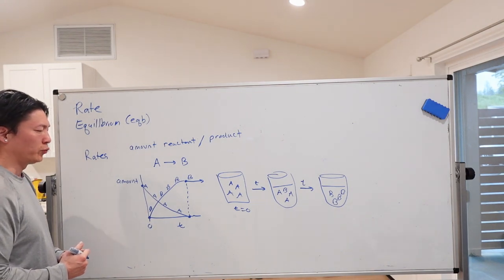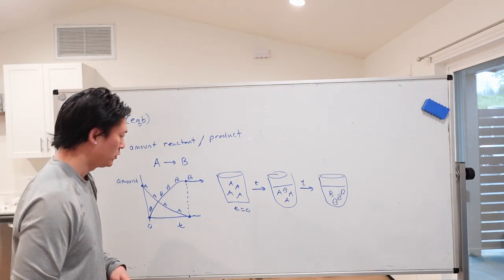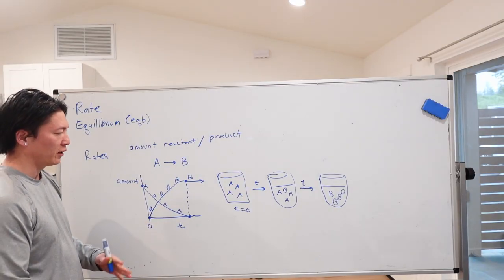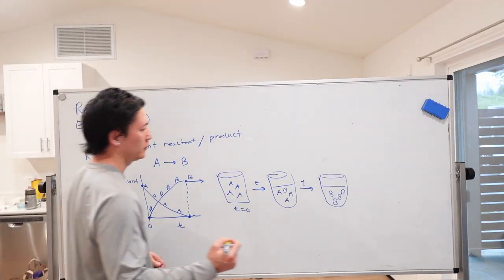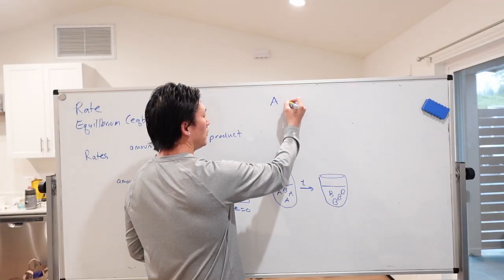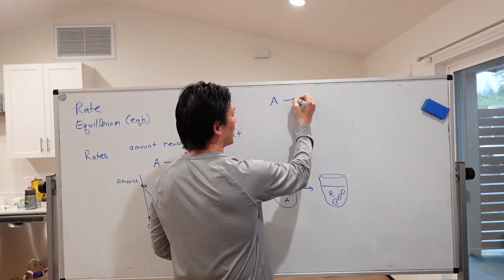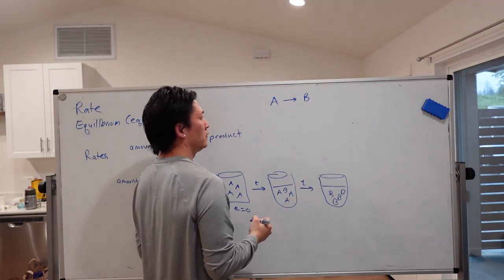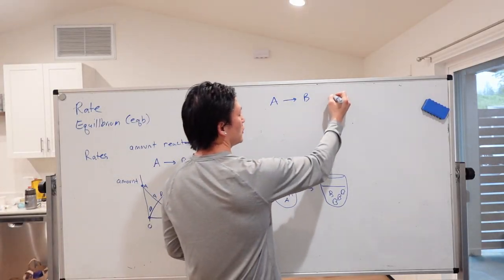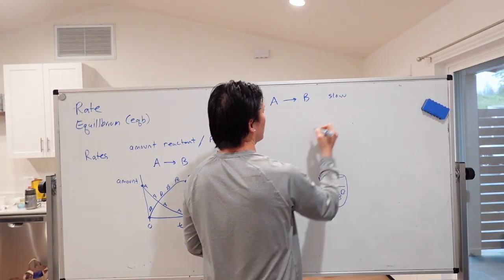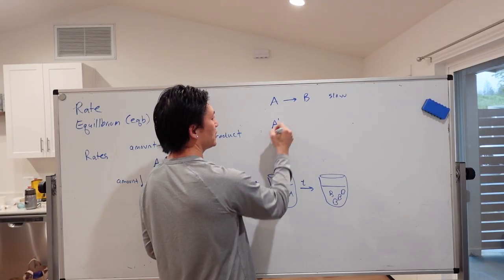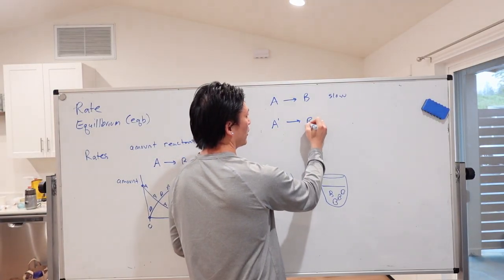Okay, now we need to know what is a faster rate and what is a slower rate. So let's talk about A going to B. If it's slow, let's put slow, versus, we'll call this A prime going to B prime.